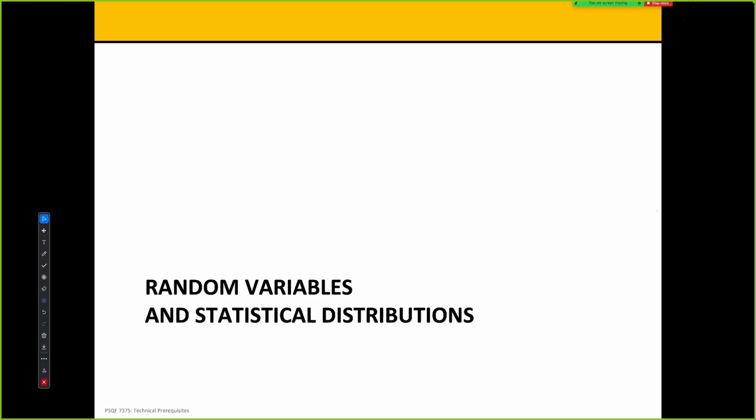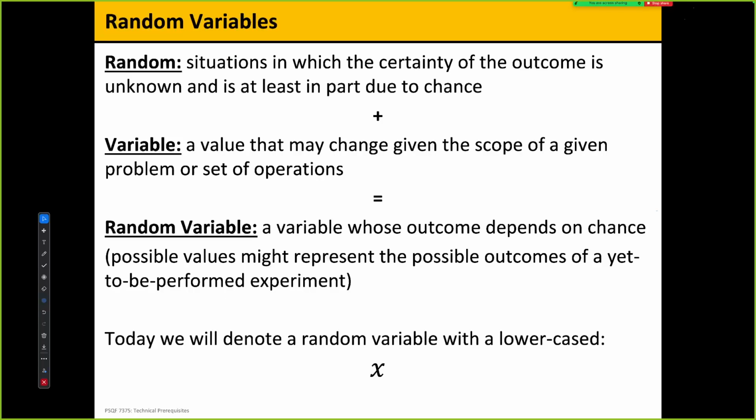Anyway, random variables and statistical distributions. Start on that. What's a random variable? You can see where I'm pointing now. The term random describes situations in which the outcome is uncertain and is at least in part due to chance, right? Rolling the dice. Error in a regression model, right? That uncertainty.